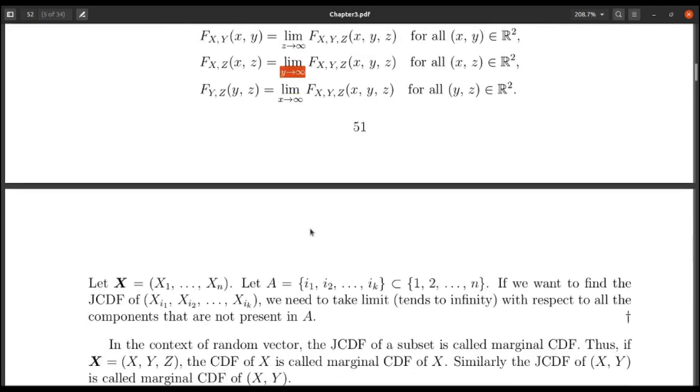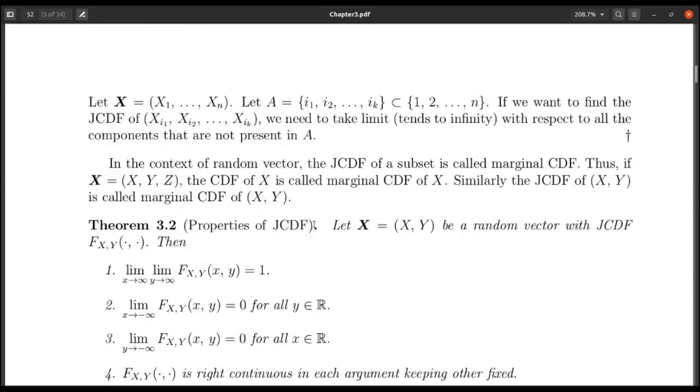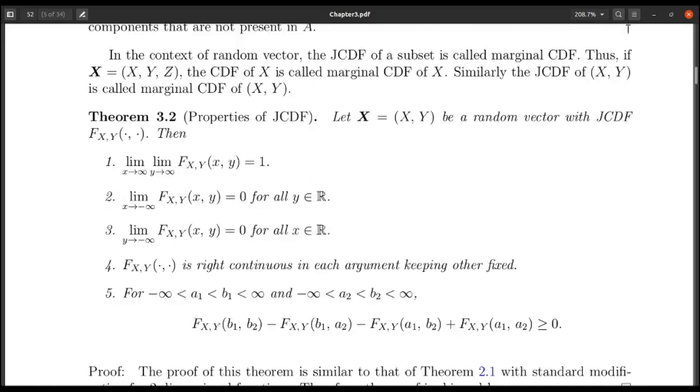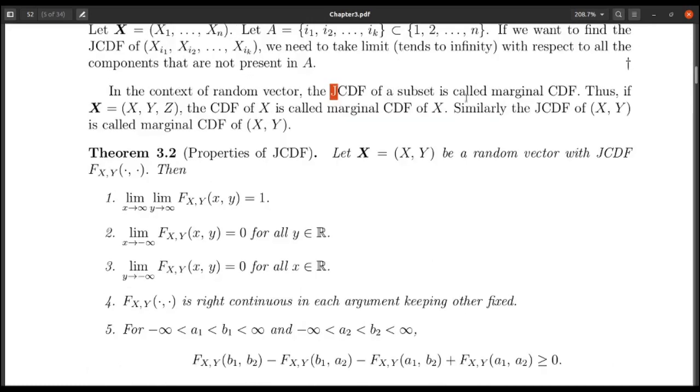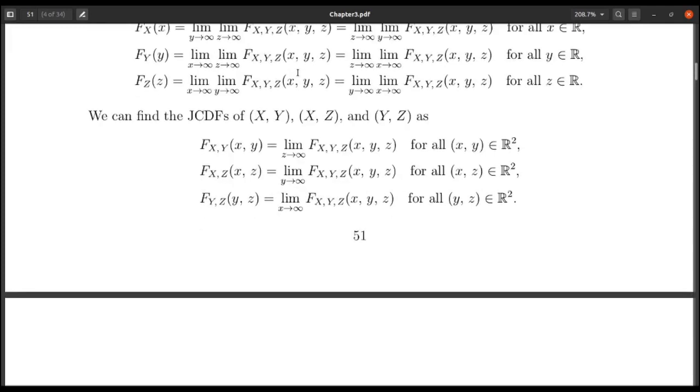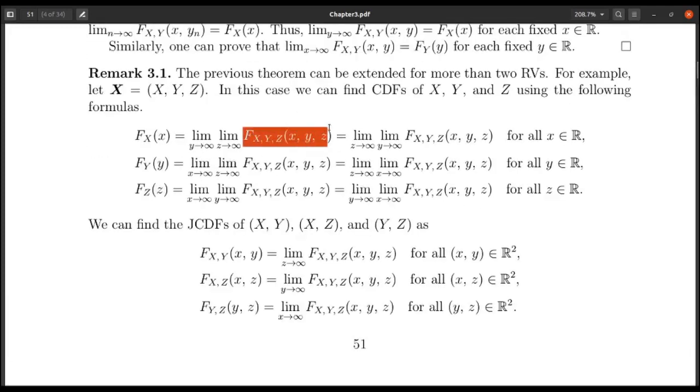Now, one terminology that we generally use: when I talk about the random vector, we write the joint cumulative distribution function, JCDF. When I talk about a subset of the random vector, for example in this case, this is basically the joint cumulative distribution function.